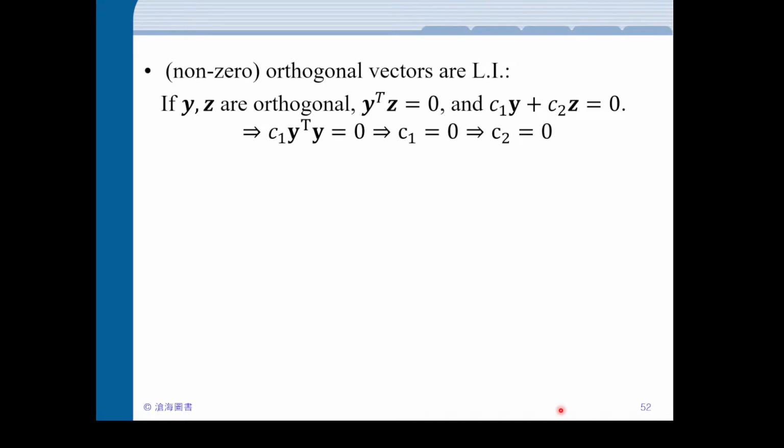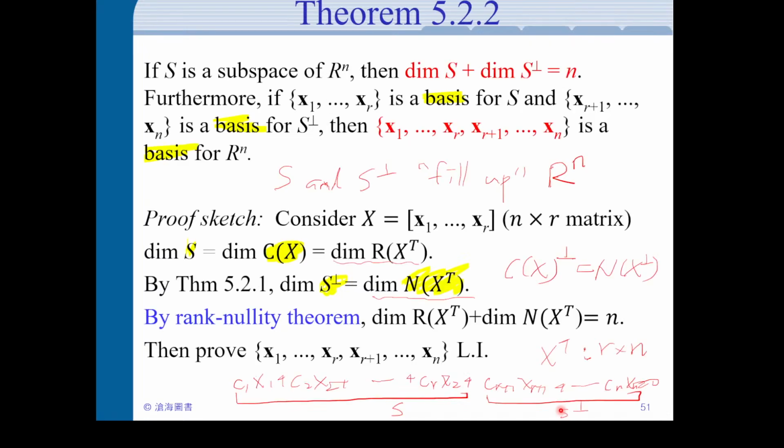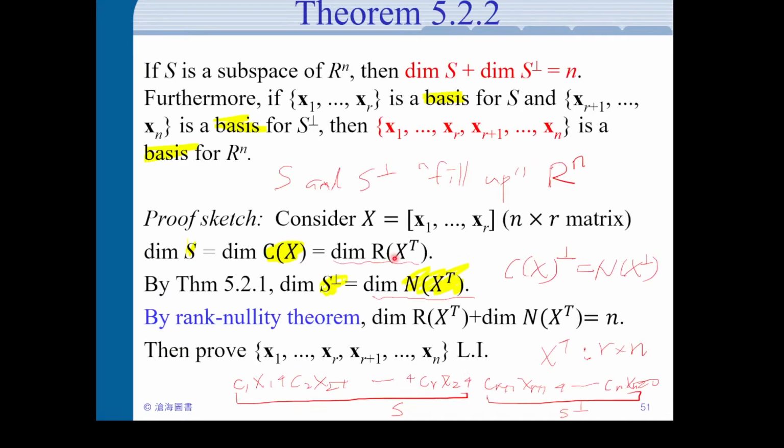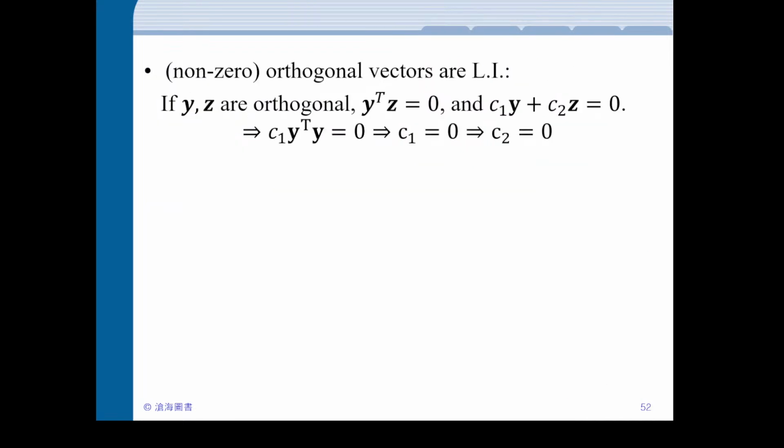You can prove that if two non-zero vectors are orthogonal, then they must be linearly independent of each other. We know this vector is inside S and this vector inside S perpendicular, so those two vectors must be orthogonal to each other, and the next theorem that we'll prove much later is that vectors that are orthogonal to each other must also be linearly independent. And a quick proof is here.